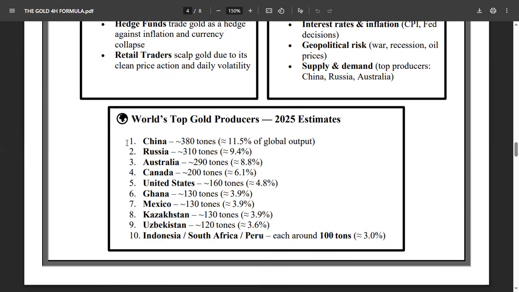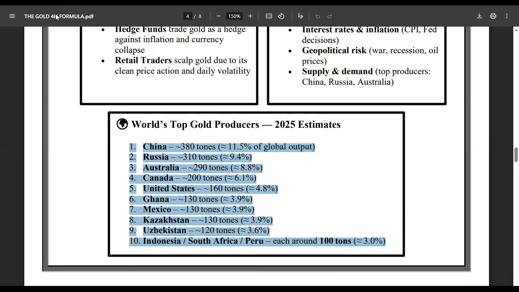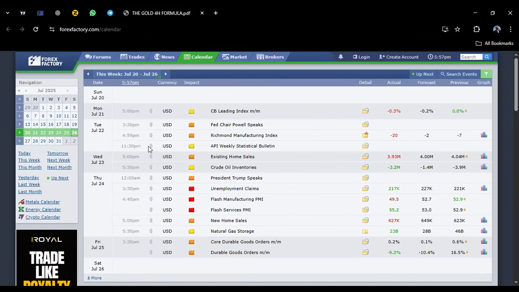You need also to know the economic events and the fundamental data on each country here in the top 10. I can give you an example. One day, I think it was last week, we had a very large volume on gold, but when I went to Forex Factory, I didn't see any news at that time.